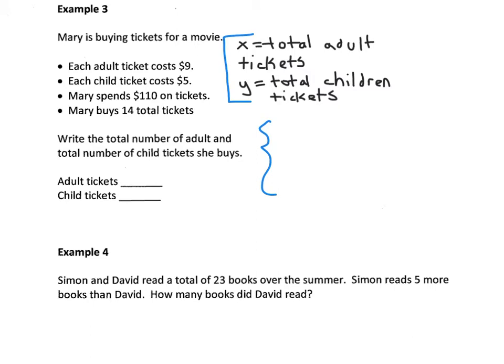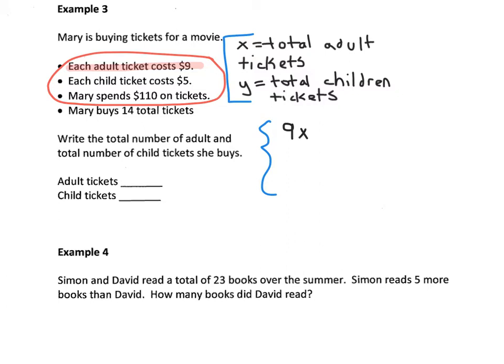Just keep in mind that when we have money in one of these questions, we can use that money to relate the cost of the adult and children tickets. Each adult ticket costs $9, so we represent this as $9 times the number of adult tickets.